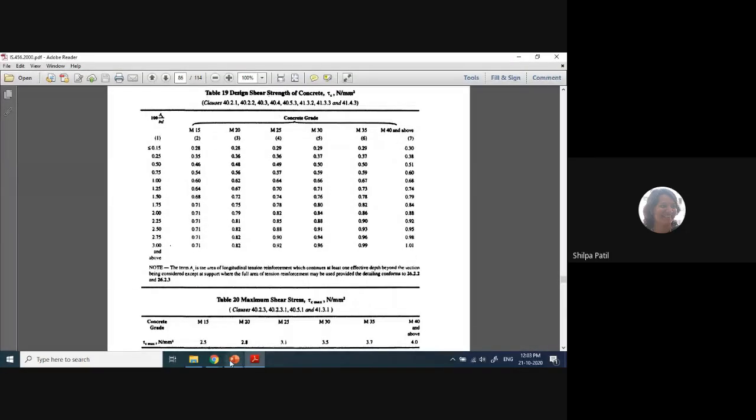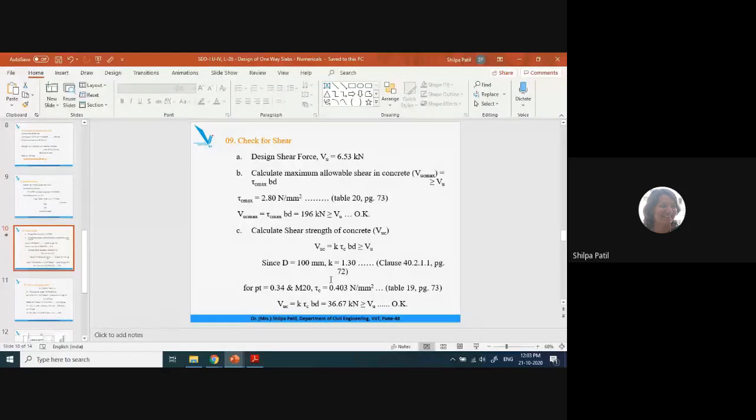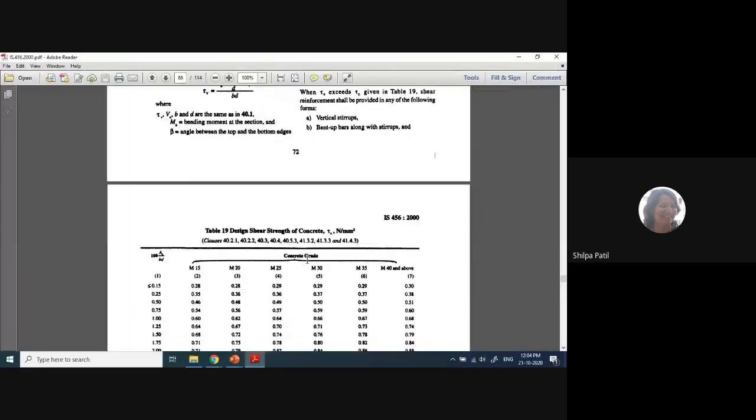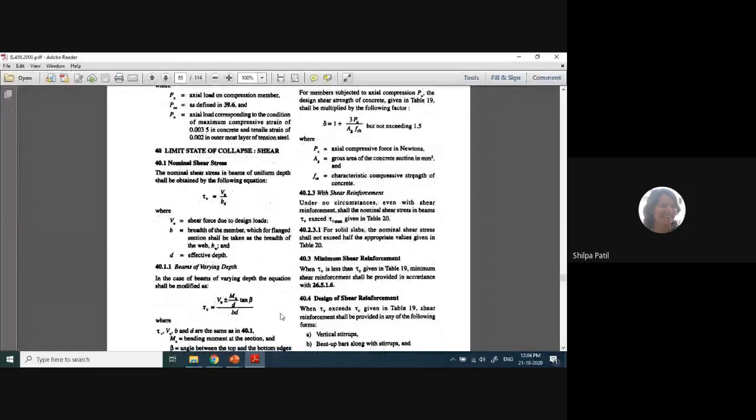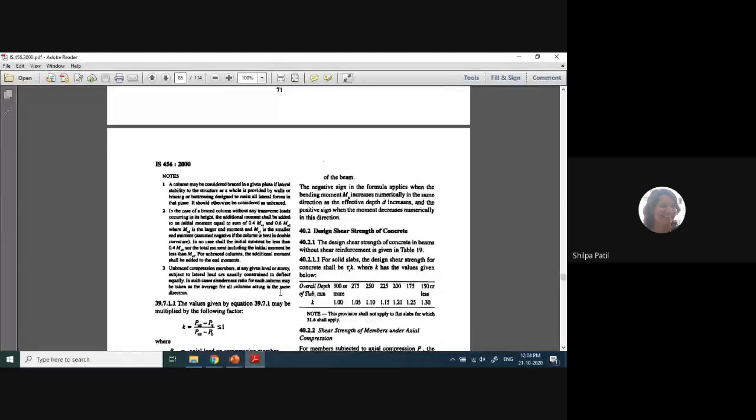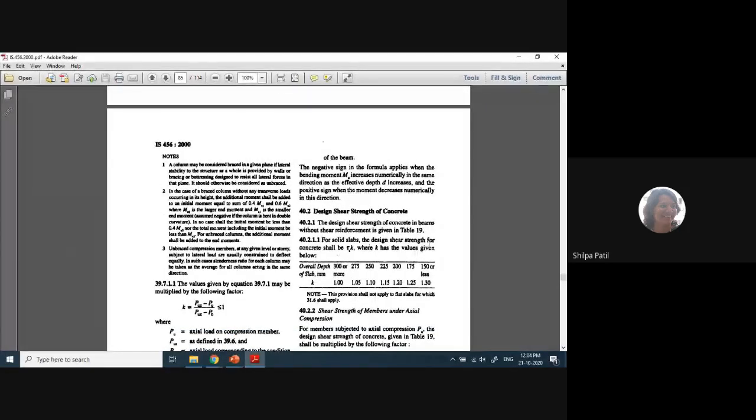What is clause 40.2.11? So I will go to that clause. According to this, for solid slabs, the design shear strength for concrete shall be tau C into k, where k is the value given below.